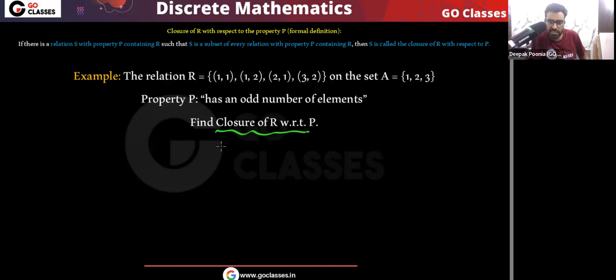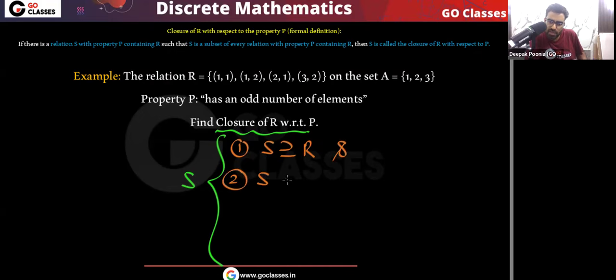So closure of R is a new relation S, as you already know. What should happen? S must contain R. Also, S must satisfy P. And the third thing is very interesting in this particular question.